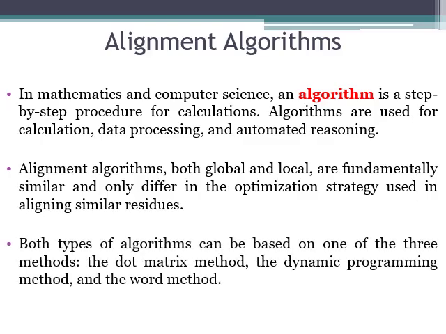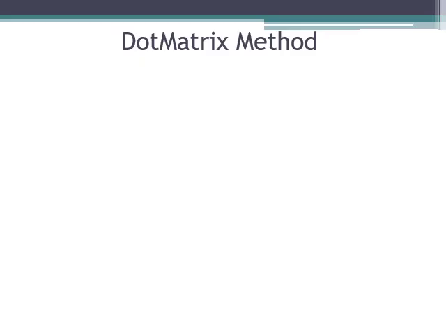Both types of algorithms can be based on one of three methods, that is the dot matrix method, the dynamic programming method, and the word method. So these are the three alignment algorithm methods that we are going to discuss. Word method is also called a heuristic method of sequence alignment.